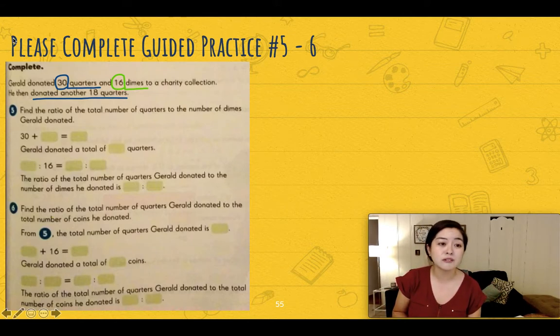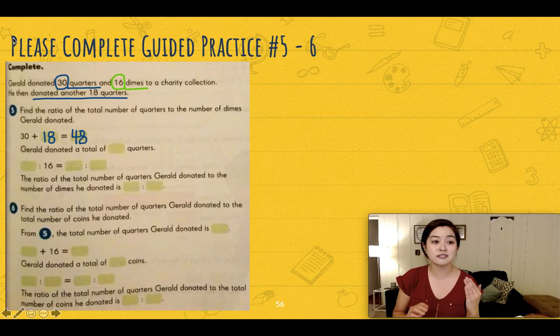Number 5 says find the ratio of the total number of quarters to the number of dimes Gerald donated. Because it says then he donated another 18 quarters, we have to add the 18 to 30. So 30 plus 18 is 48. So Gerald donated a total of 48 quarters.